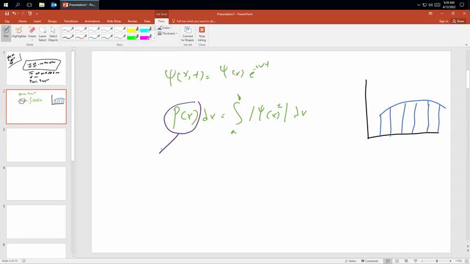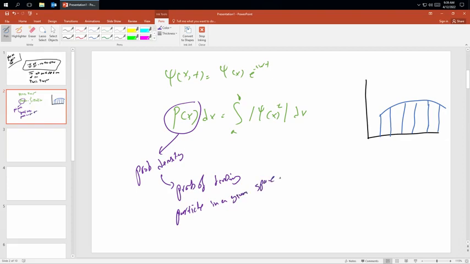this? This is rho of x. This is going to be your probability density, which is your probability of finding the particle in a given space.